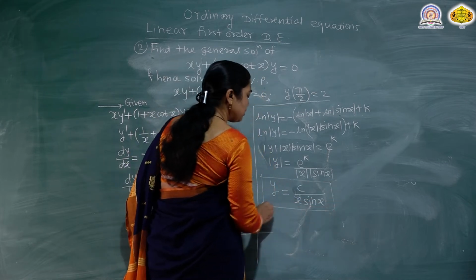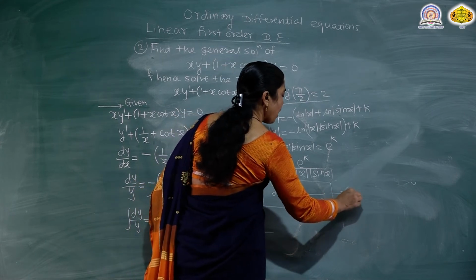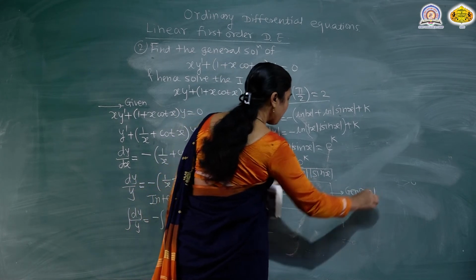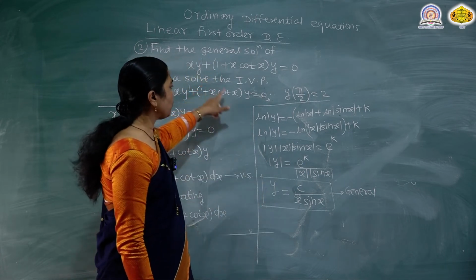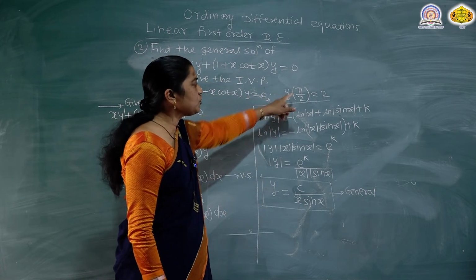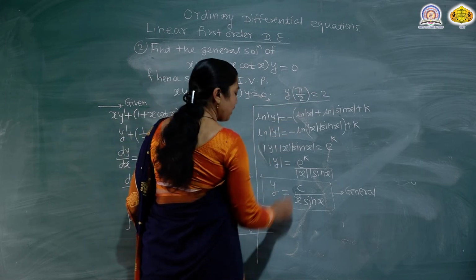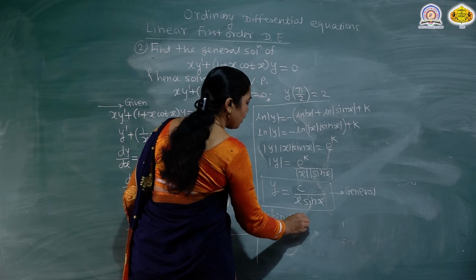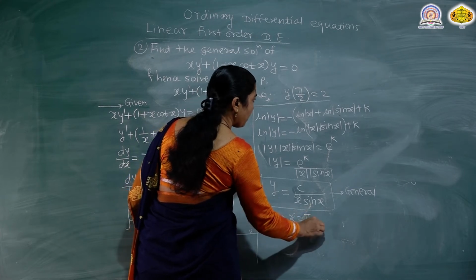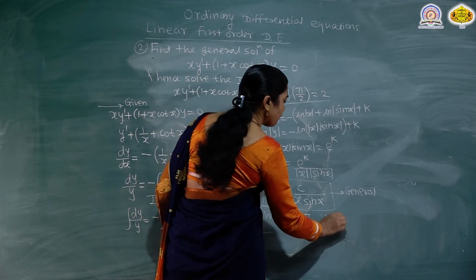Observe that this is the general solution as it contains the arbitrary constant c. To get the particular solution, we will solve this initial value problem. It is given that initially when x is equal to pi by 2, y takes the value 2.